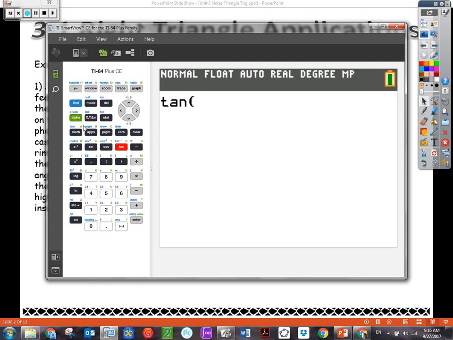There's this little angle feature you can use, but for me it's faster to type it in because I don't use that feature often. So I'm just going to type in 23 plus, then a fraction, 37 over 60.